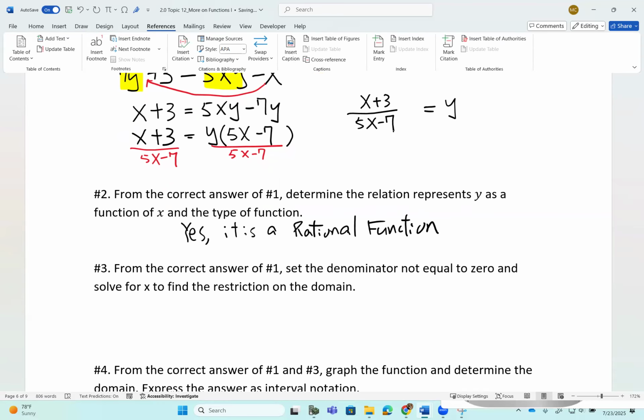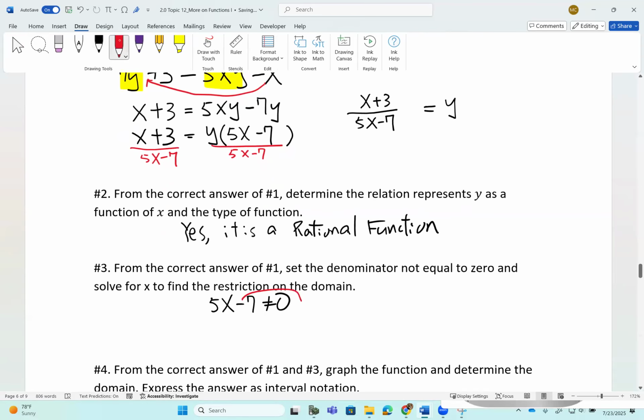Find the restriction on the domain, set it not equal to 0, and solve for x. So move my -7 over. So 5x cannot be 7, and divide both sides by 5. My x cannot be 7 over 5.